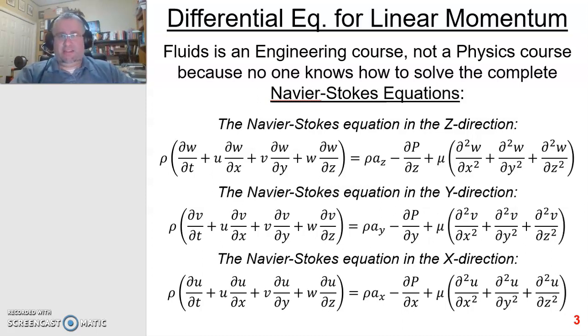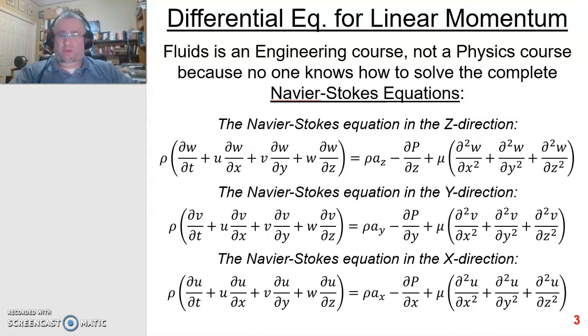The entire discipline of fluid mechanics arises from the fact that we can't solve these problems, and yet we have to figure out how real systems with real fluids in them work so that we can build things, right? Like plumbing systems and rockets and airplanes and so forth.